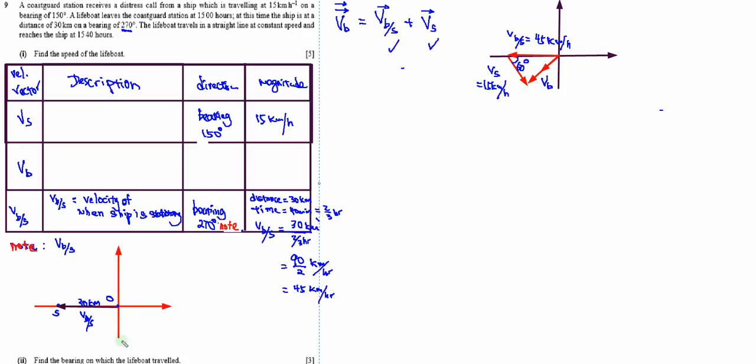Okay, now find the bearing on which the lifeboat travels. So what you have to do is find this angle. Then 270 minus this will give the bearing of the lifeboat. Therefore, using cosine rule, you will find VB.